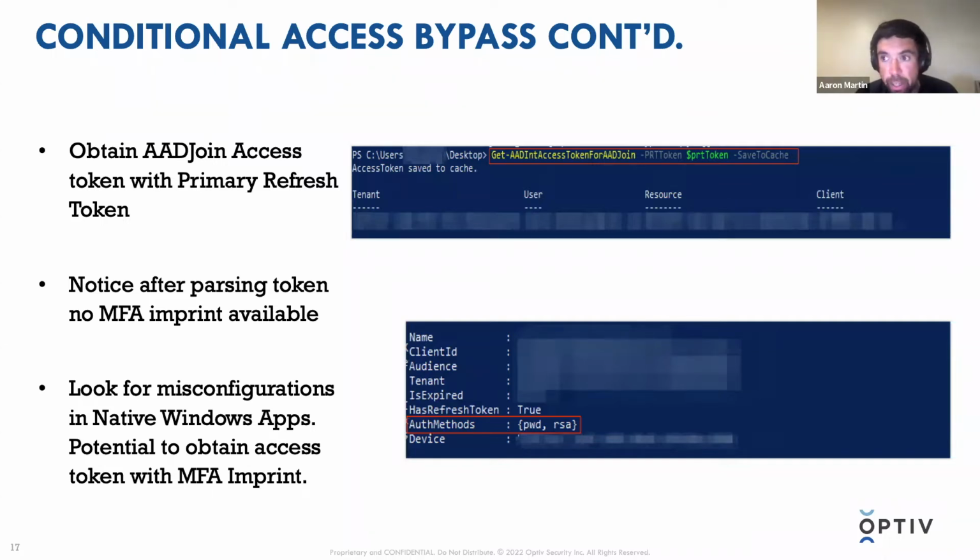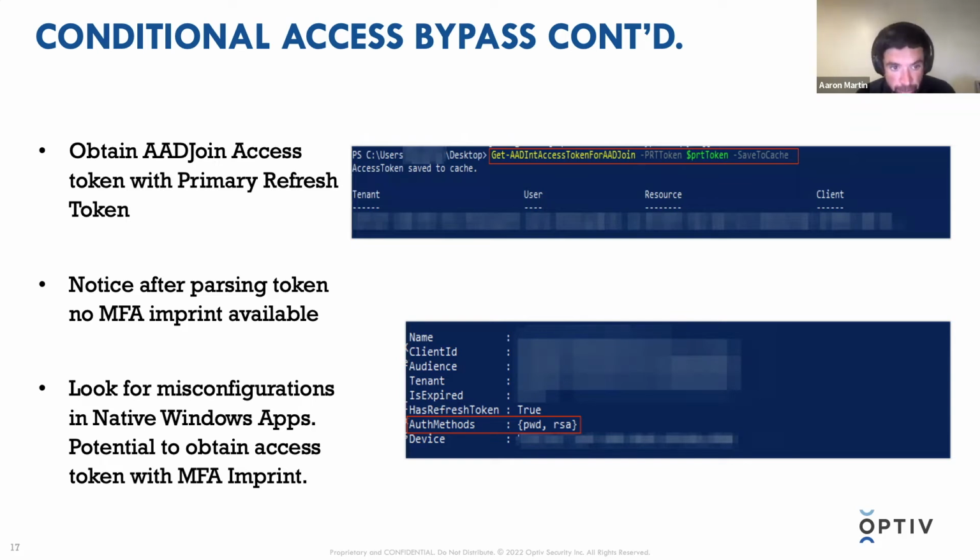So these access tokens can be used to access things like the Graph API that previously, with just credentials, you weren't able to access. Some things you can do is parse these primary refresh tokens and access tokens, and you can see what the authentication methods are.